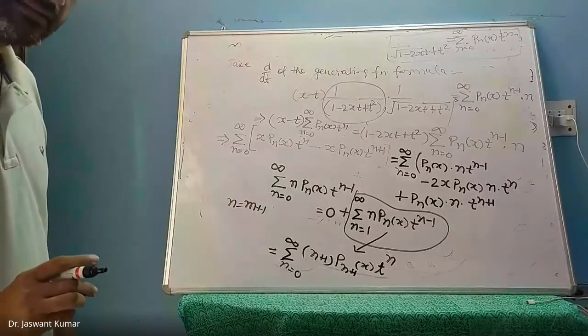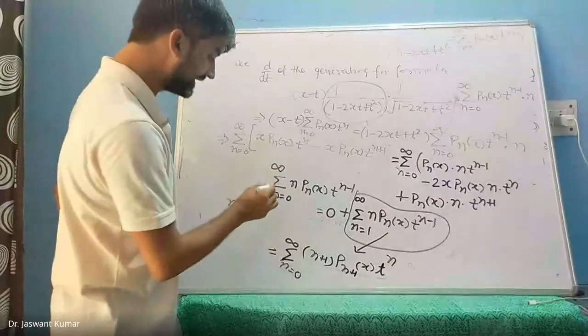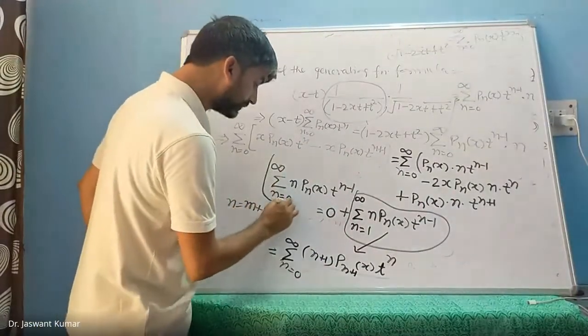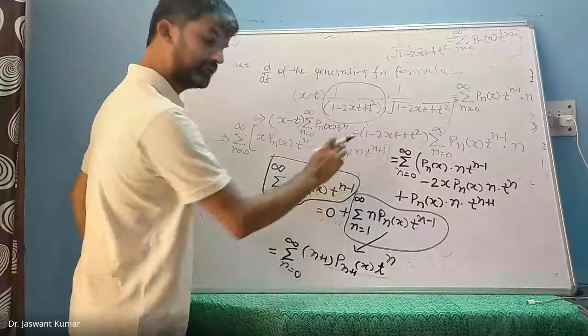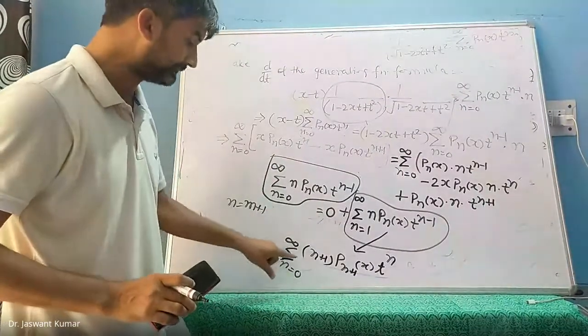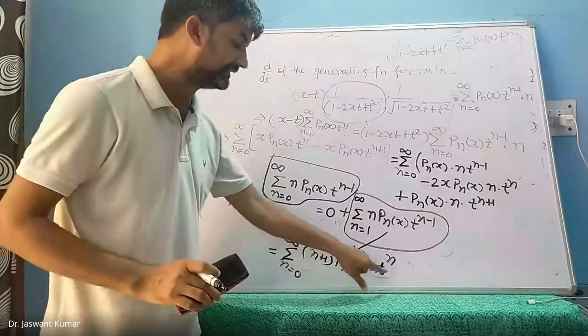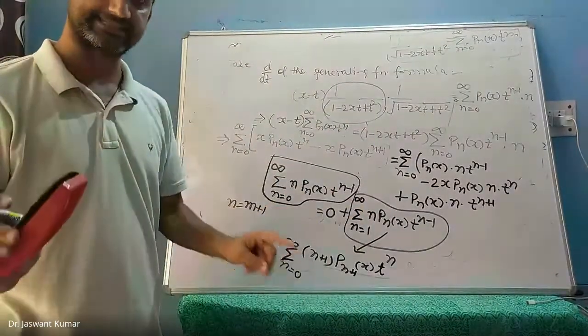So essentially what we have proved is that the summation n going from 0 to infinity of n p n x t to the power n minus 1 is nothing but the summation n going from 0 to infinity of n plus 1 p n plus 1 t to the power n. Are you happy with this?